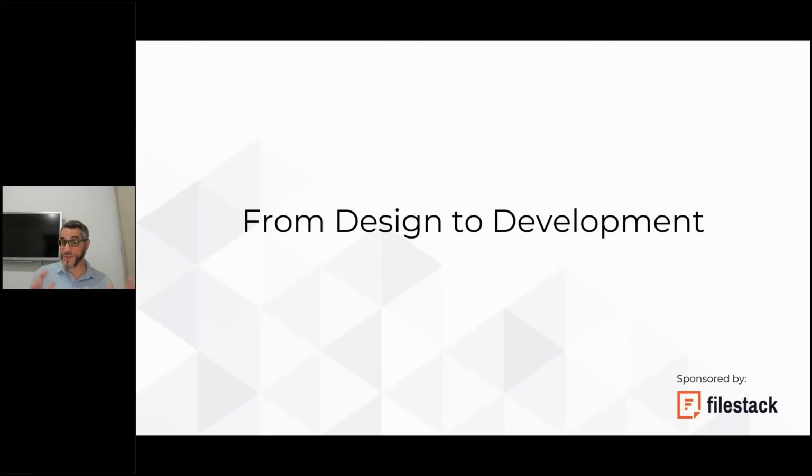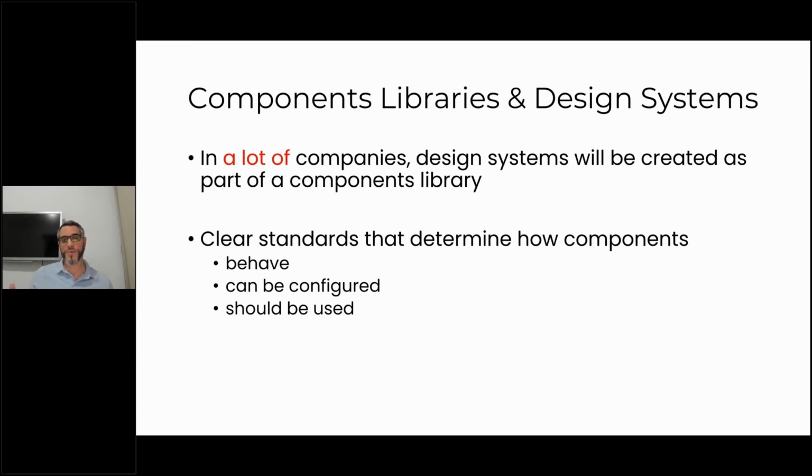So let's move from design to development, because most of us are developers. We understand now what a design system is and how to talk with the designers, but then we want to take the design system into development. How can we do that? This is where component libraries come into place.